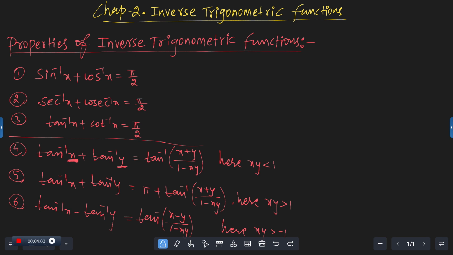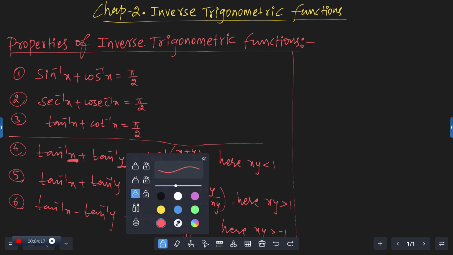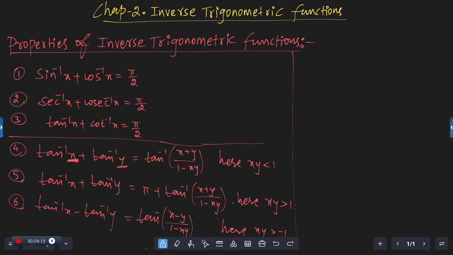Don't worry, less than minus 1 will not come, because if you interchange them, you can take the minus outside. So these 3 are based on tan. What I gave, these 6, are not in the new textbook, but were all available in the old textbook.